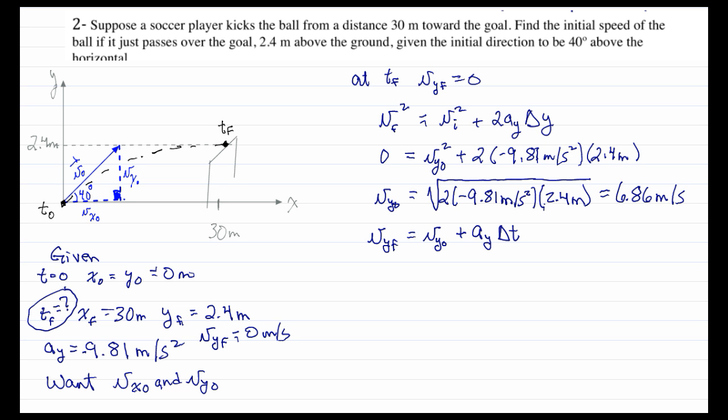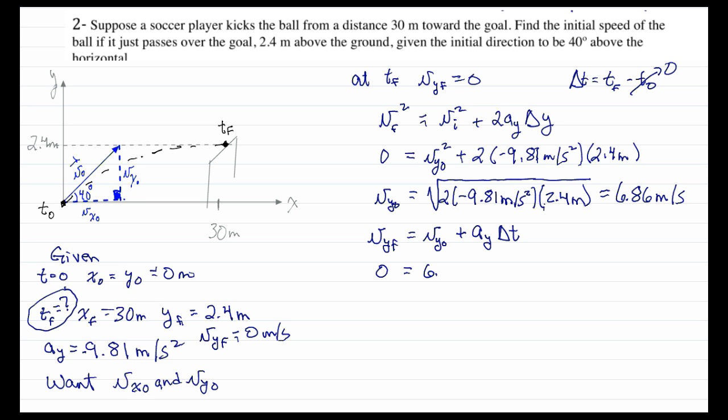Now delta t is t final minus t initial, and t initial is 0. So delta t is just our final time.